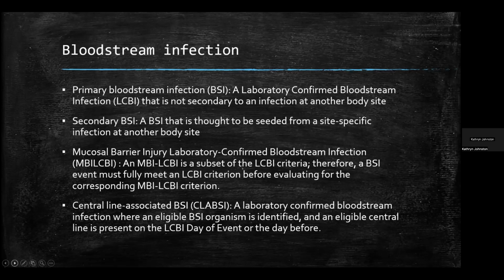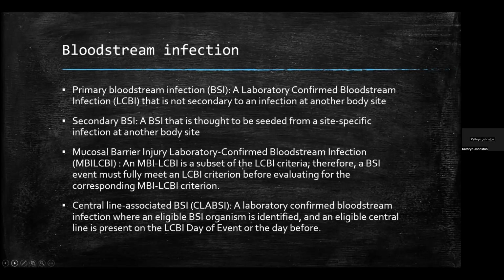They have to have a grade 3 or 4 gastrointestinal graft versus host disease, or they have to be having greater than or equal to 1 liter of diarrhea in a 24-hour period, with onset on or within 7 calendar days before the date the positive blood culture was collected.